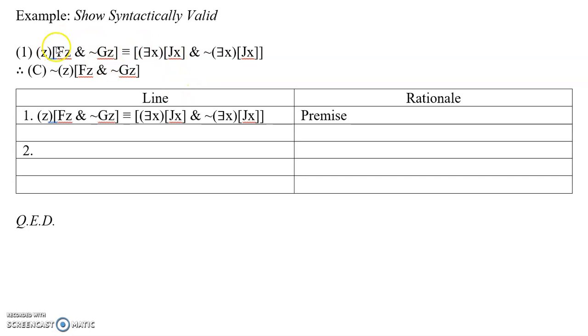So go ahead and show that this is a syntactically valid argument by producing a quantificational deduction of the conclusion from the one premise, and your hint is that you may need to use one of your axioms in order to do it. So pause now and give it a try.